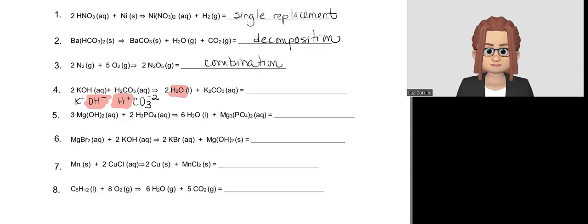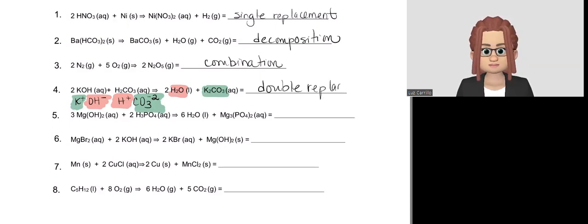And lastly, we have K plus and CO3 2 minus to make K2CO3. So that means that this is a double replacement reaction.